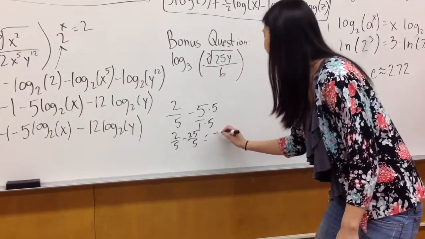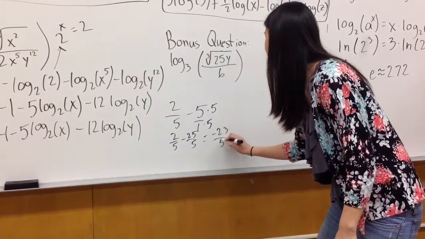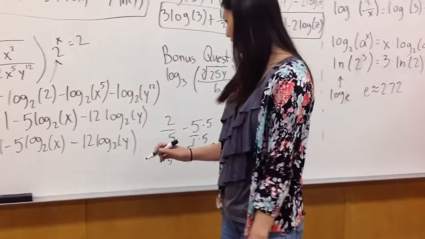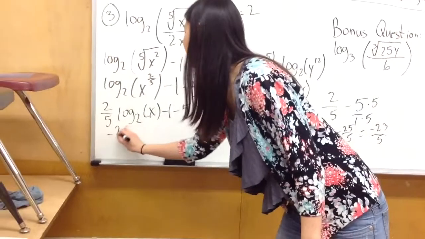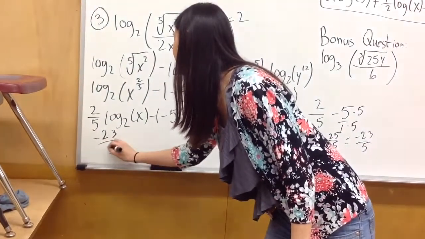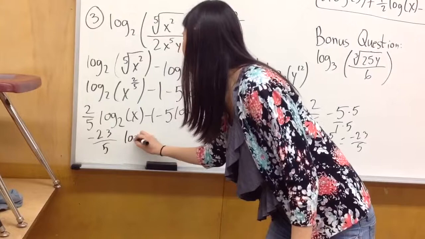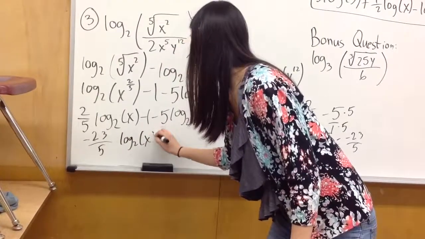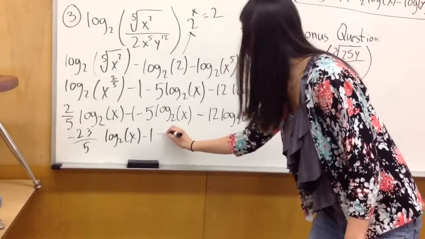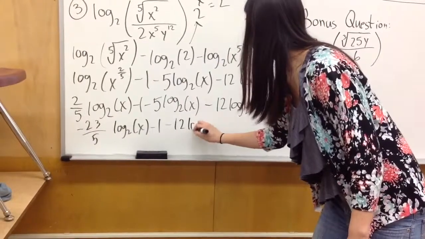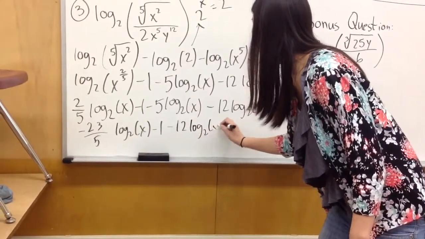So in total that gives me negative 23 over 5. So over here, in total I have a negative 23 over 5 log base 2 of x minus 1, and then minus 12 log base 2 of y.